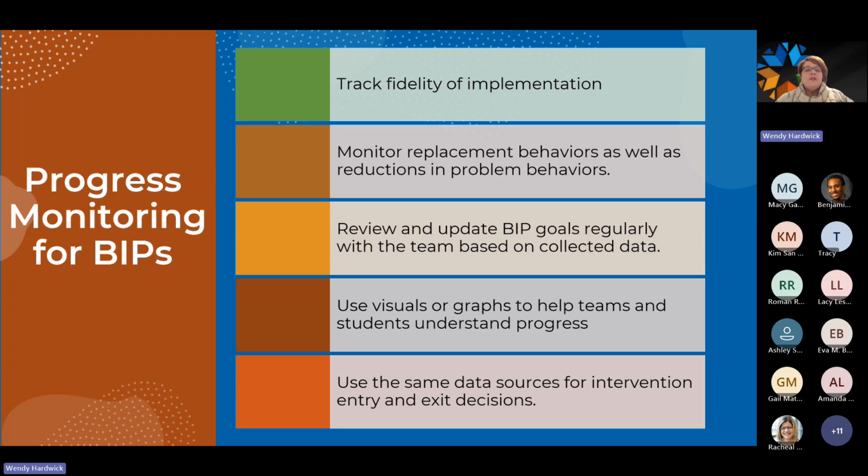So when we are collecting behavioral data, at any tier 1, tier 2, tier 3, I'm going to use the example of a universal screener that can be used for behavior, and that's an office discipline referral, or an ODR.